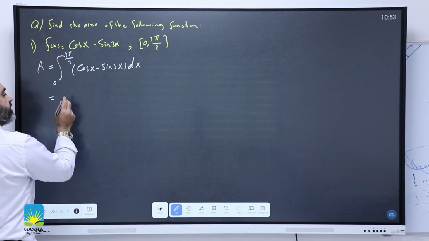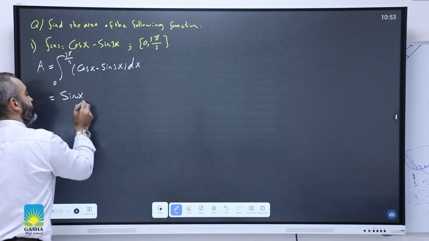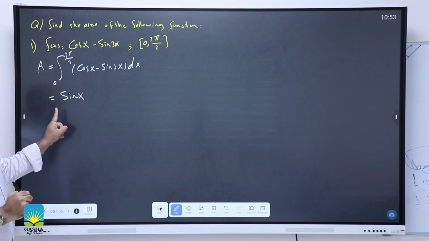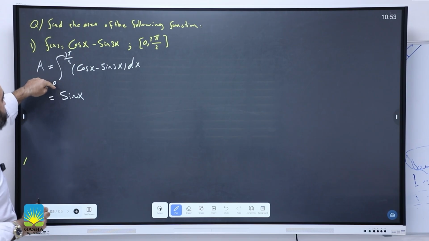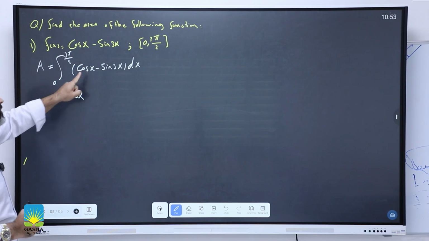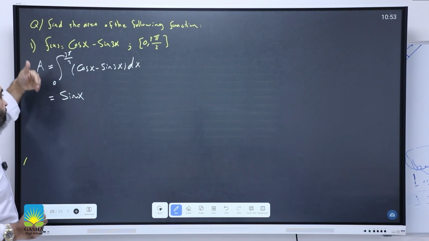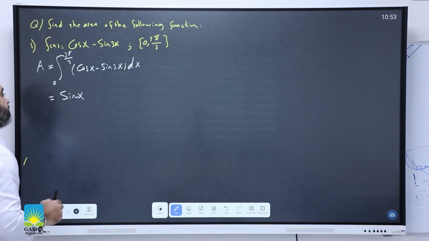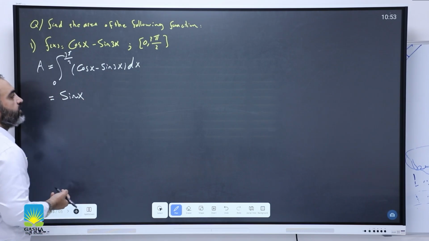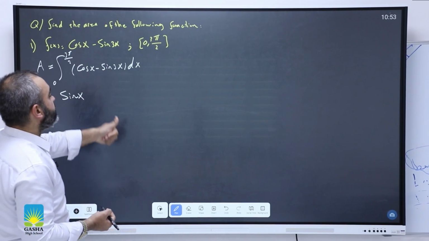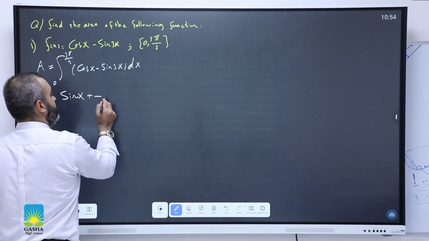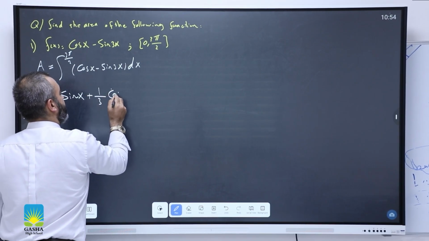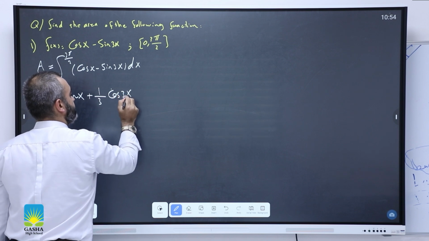What about cosine x? It's sine x, not negative. Why? Because we have the integral. The derivative of cosine has a negative sign. But the integral of cosine has a positive sign. But the integral of sine is negative cosine. Negative times negative becomes positive 1 over 3 cosine 3x, right?